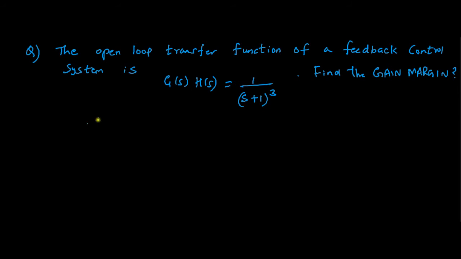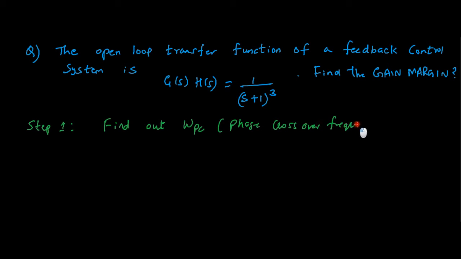Our first step will be to find omega pc, that is, the phase crossover frequency. To be precise, find the frequency at which the phase angle of this is minus 180 degrees.